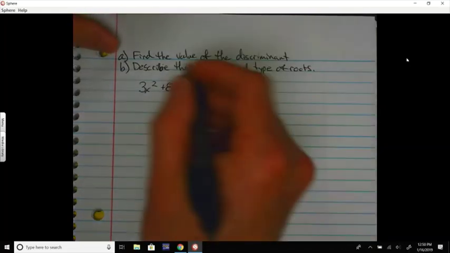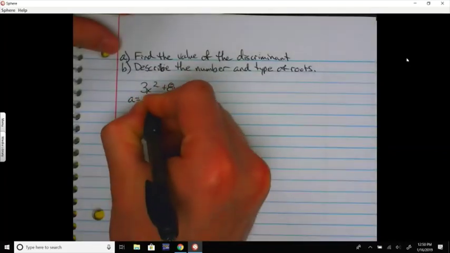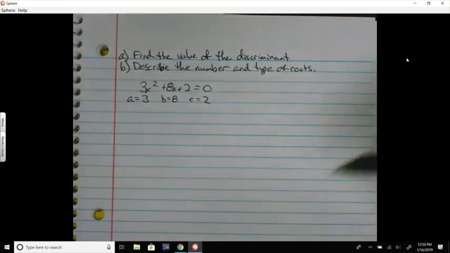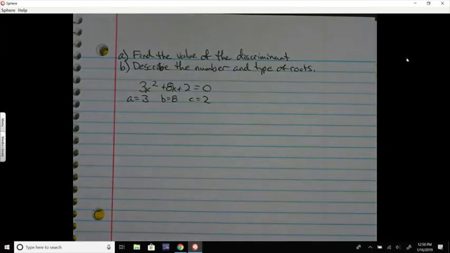So what's going to happen, we're going to first state, okay, A is 3, B is 8, C is 2. Make sure it equals 0, which this one does. You can't have stuff on both sides. It has to all be on the same side. If there is something, you move it over, added or subtracted, whatever the number.